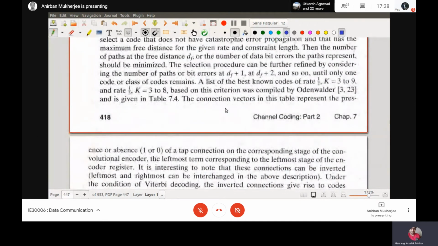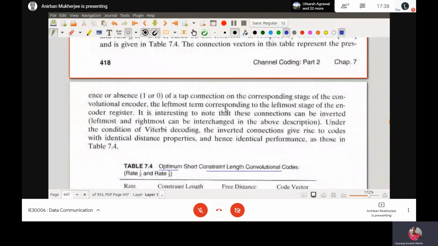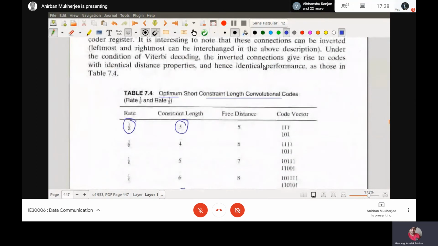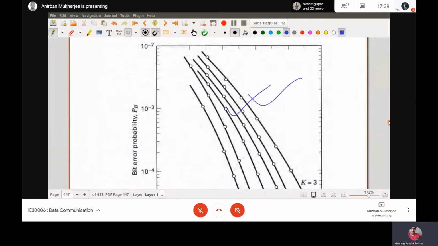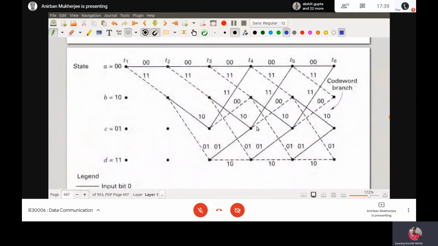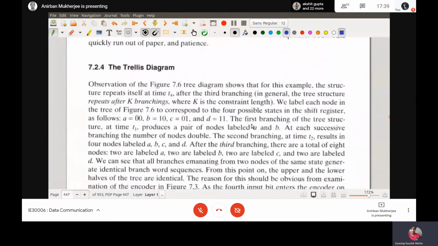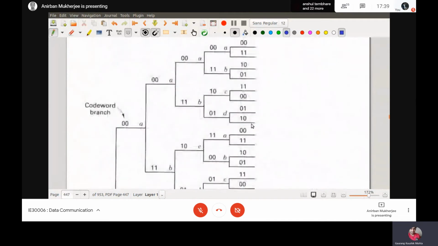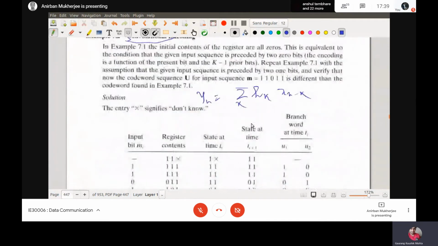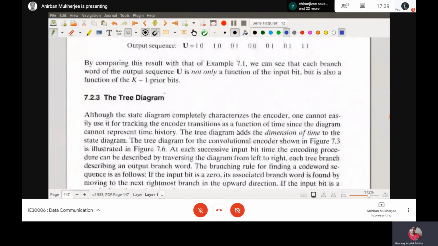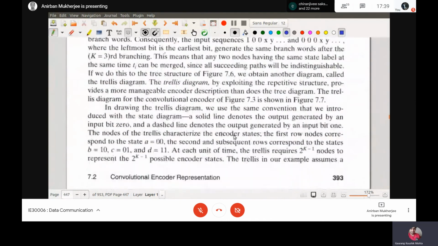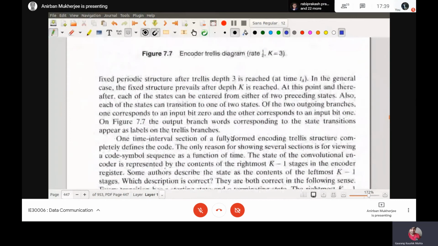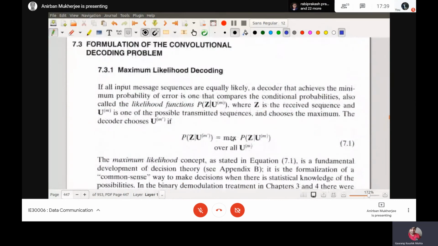These are some standard convolutional codes from the handbook. For the receiver side, how do we do the decoding? Because at the receiver side you have to decode. This was the convolutional encoding; now decoding we generally do with a Viterbi decoder.